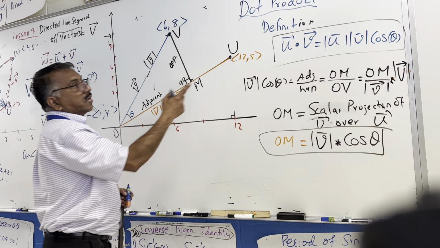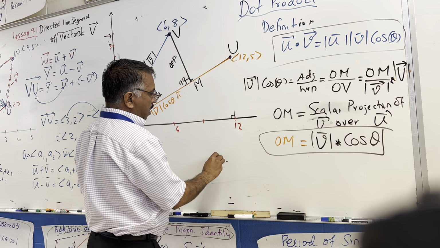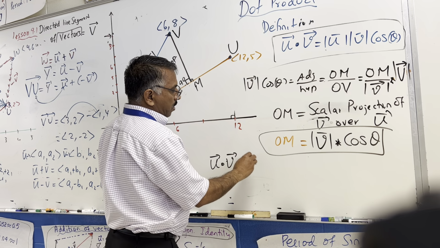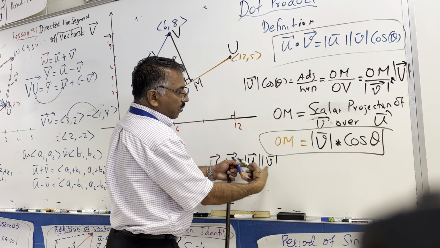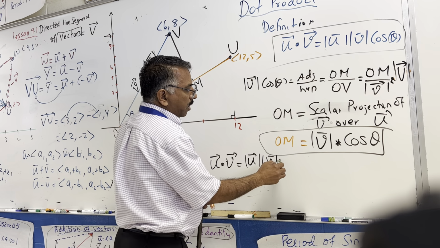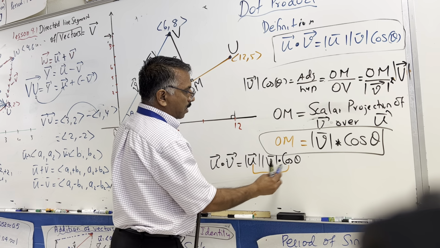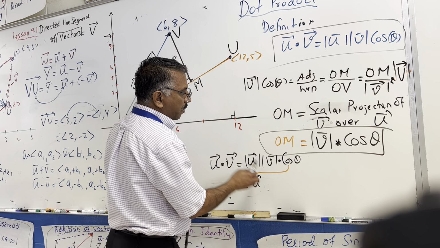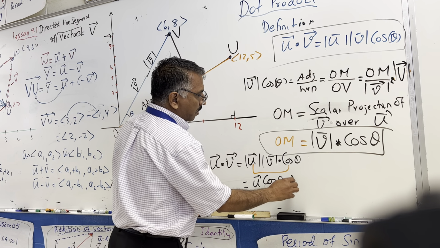And for this part, the definition says u bar dot v bar is the magnitude of u bar times the magnitude of v bar times cosine theta. I'll try to combine this together. So u bar, and then I'll put a cosine theta times this one.